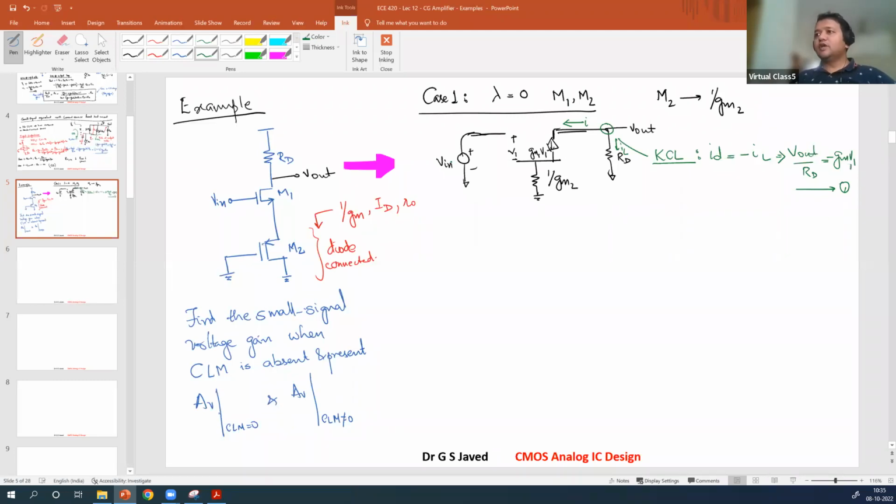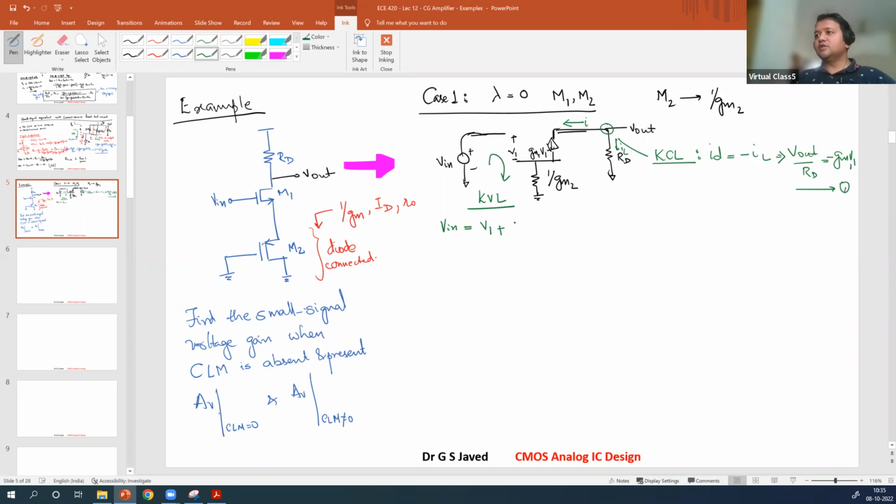Next, you have a voltage source and a resistor here. So we will apply KVL here. When you apply KVL, what do you get? The supply Vin is equal to the drop across these two transistors. So V1 plus IS times, what is IS here?